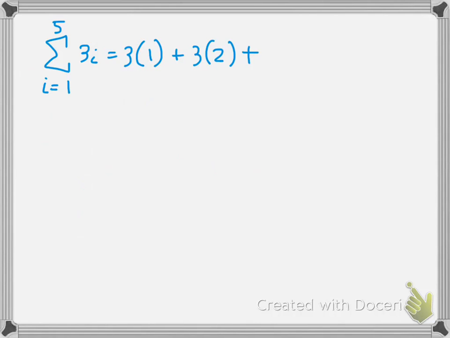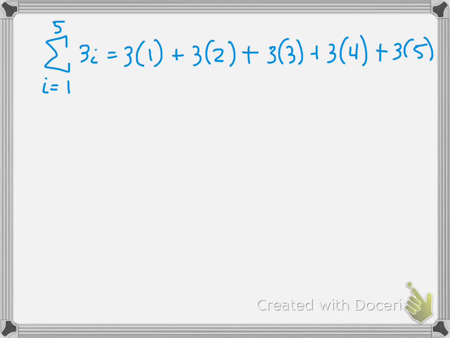So let's say I have the sum of 3i from I equal to 1 up to 5. Basically what this is telling me to do is I'm going to do 3 times 1, because that's what 3i is, 3 times I, plus 3 times 2, plus 3 times 3, plus 3 times 4, and plus 3 times 5.